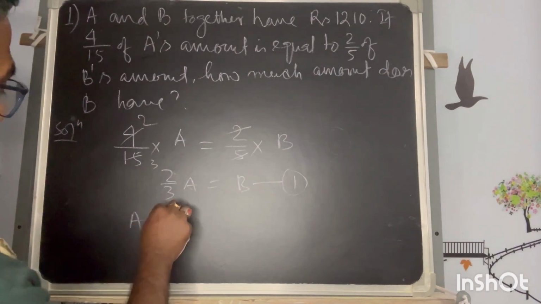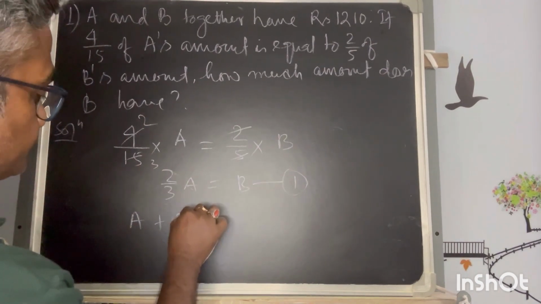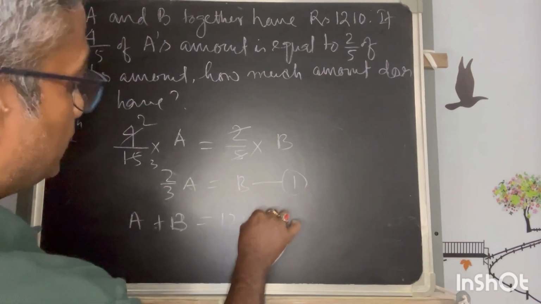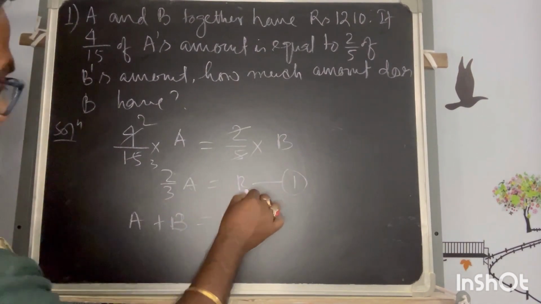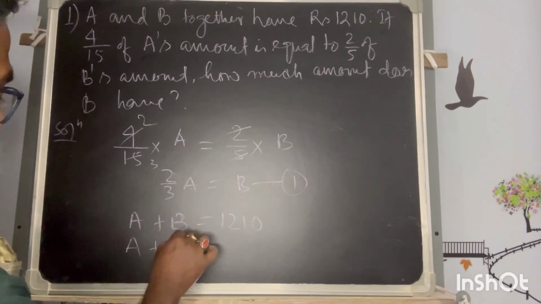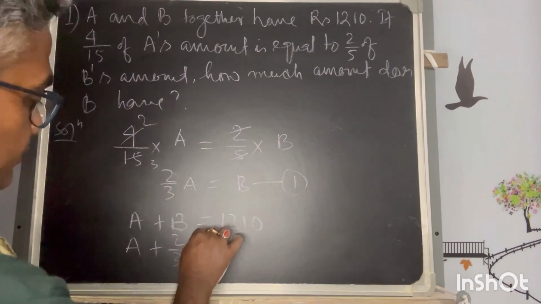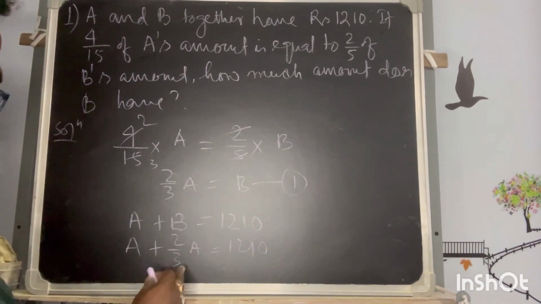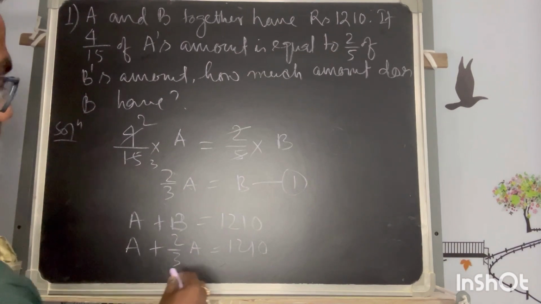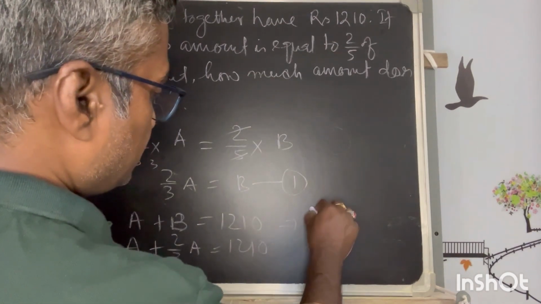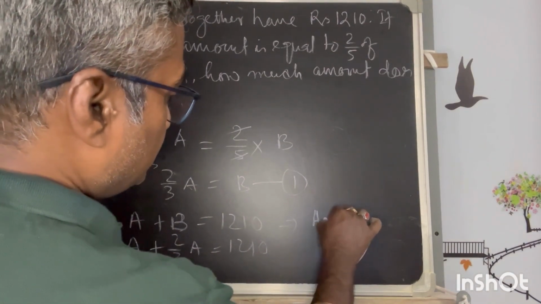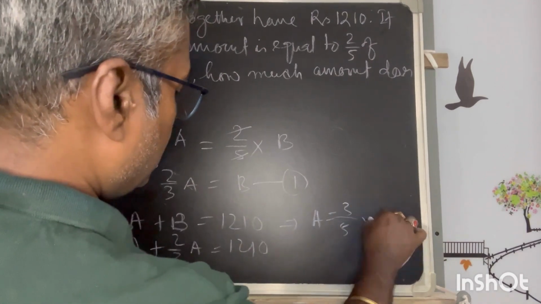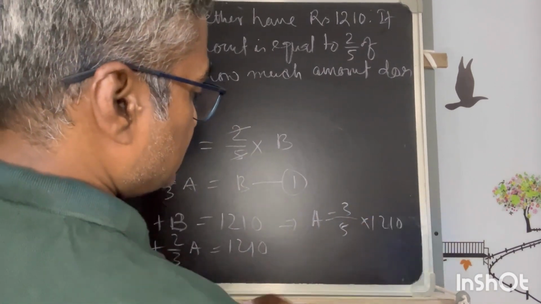Then further, A plus B is equal to 12. Now you can replace B's value here with A from the first equation, and you will get this as the equation of A. So this is 5 by 3, so A will become 3 by 5 of 12.